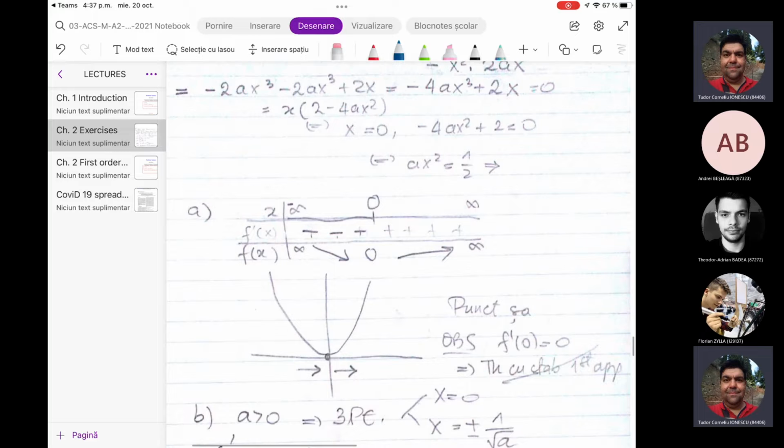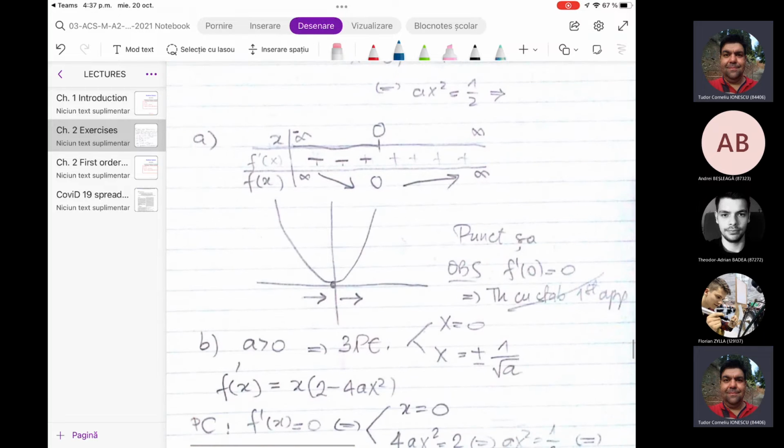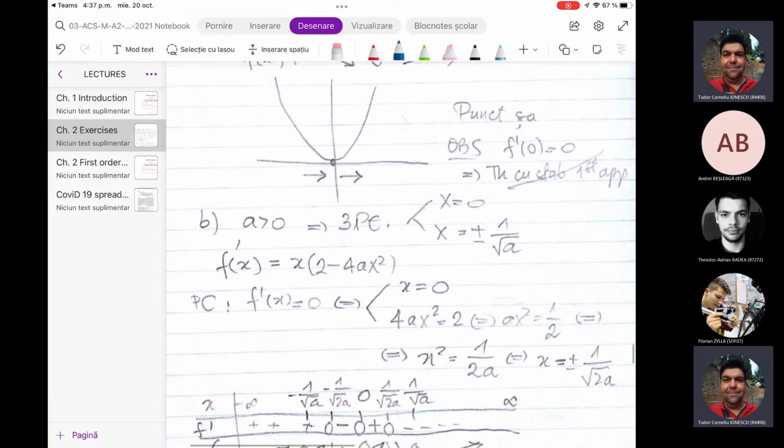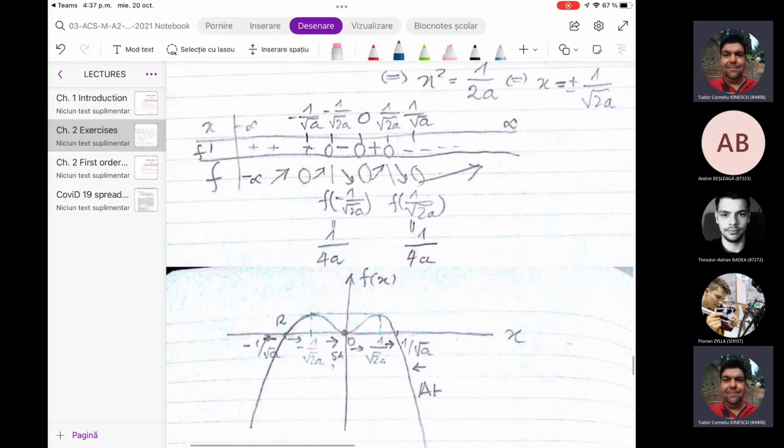Look, you have a saddle point, and here it depends on specific cases. Saddle point for a equal to 0. If a is larger than 0, you have 3 equilibrium points, and you look at this function. You see a repulsor, a saddle point, an attractor.